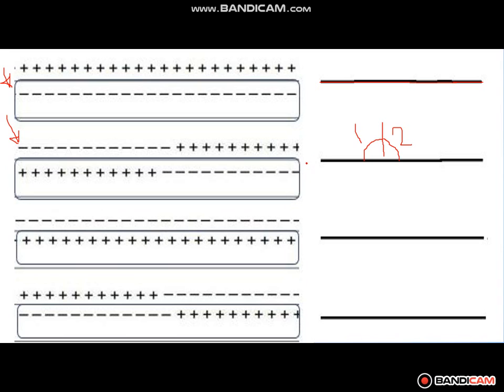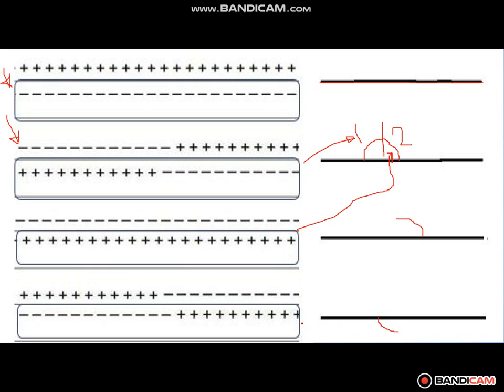And then in this condition this wave is first and this is second; it means in this condition this wave will be produced, and in the other condition this wave will be produced.